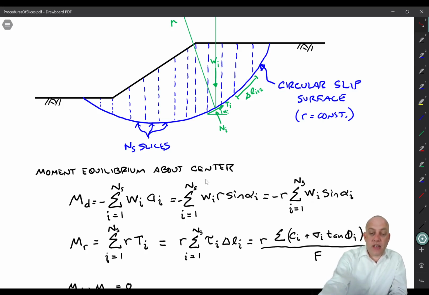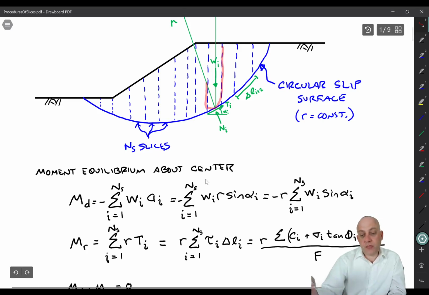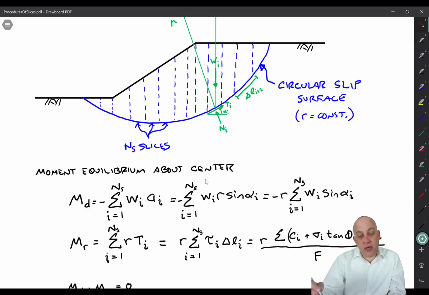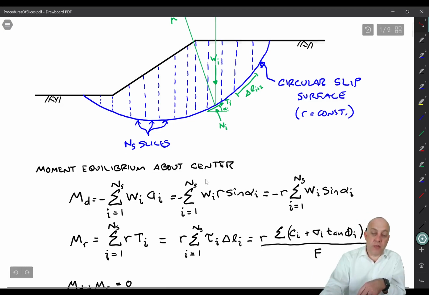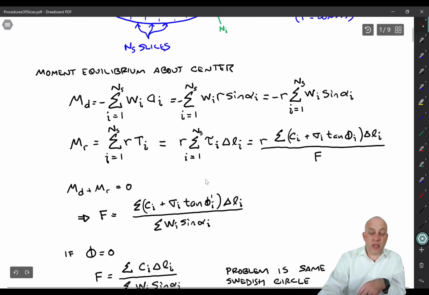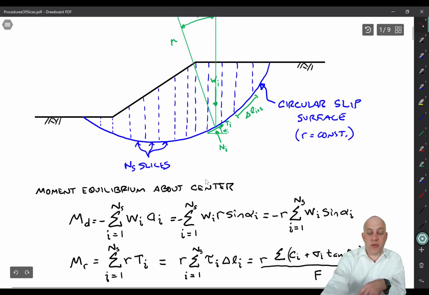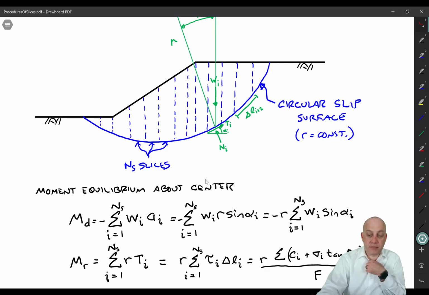What that means is that, what we're going to show later is that we have to make some assumptions about how these slices interact with each other. Those assumptions have an impact on how big the normal force is at the bottom of the slice, and therefore it has an impact on how much shear strength you derive from the friction term in the Mohr Coulomb failure envelope. And you'll get different numbers for the normal force for different assumptions, and so you get slightly different answers for the problem.